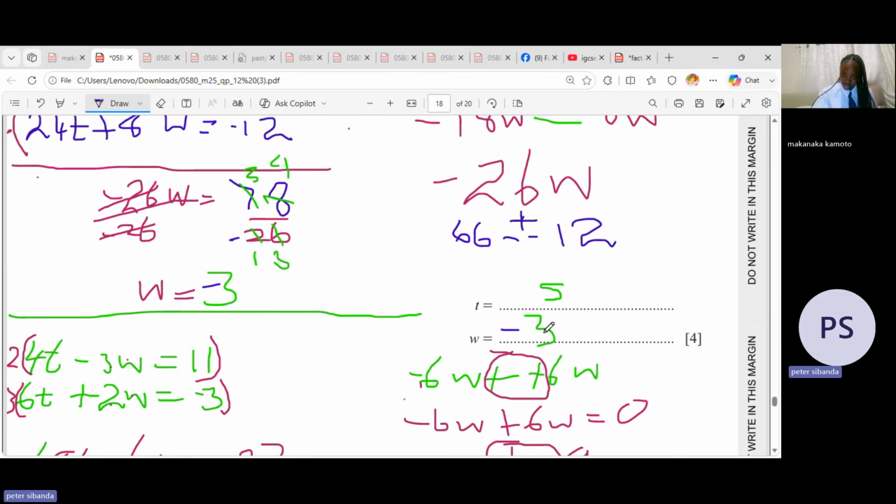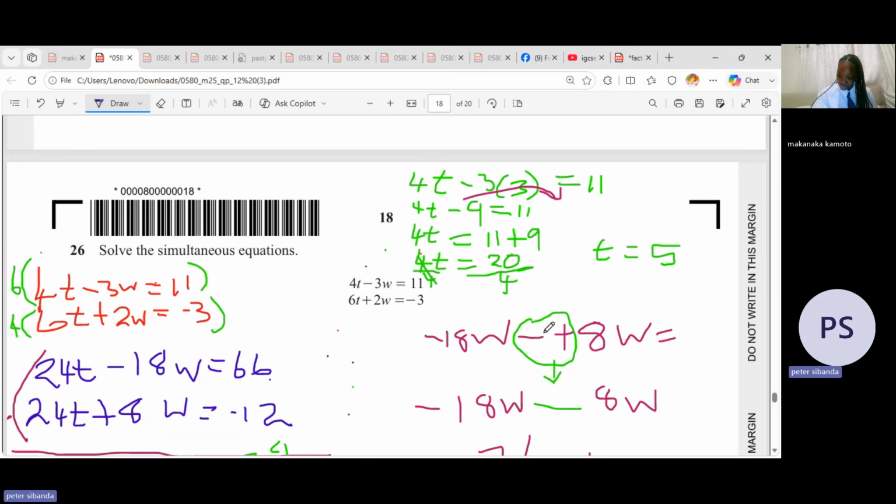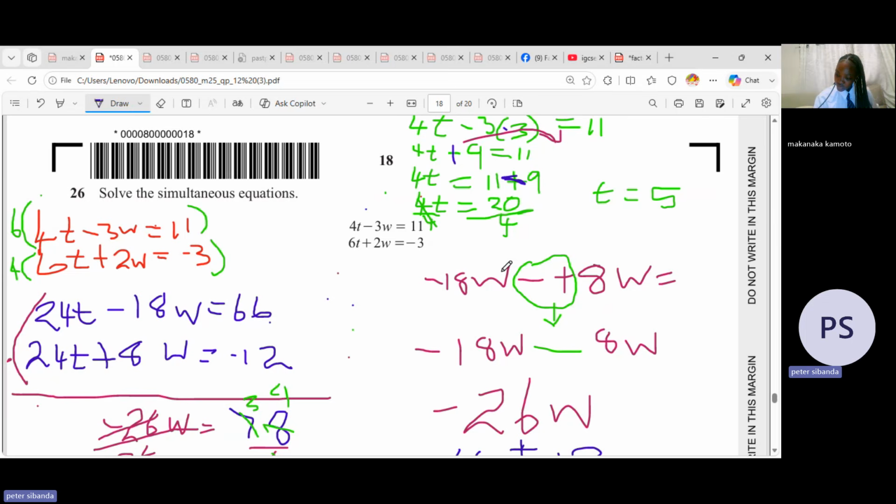This is negative 3. That has a bearing on the value of t, that when we were substituting, this was supposed to be substituted with the -3. That was going to make it -3 times -3. What's the answer? Is it 9? +9, is it? Yes. Not -9. And so the +9, when it went on the other side, is going to arrive as a negative. And what's 11 minus 9?